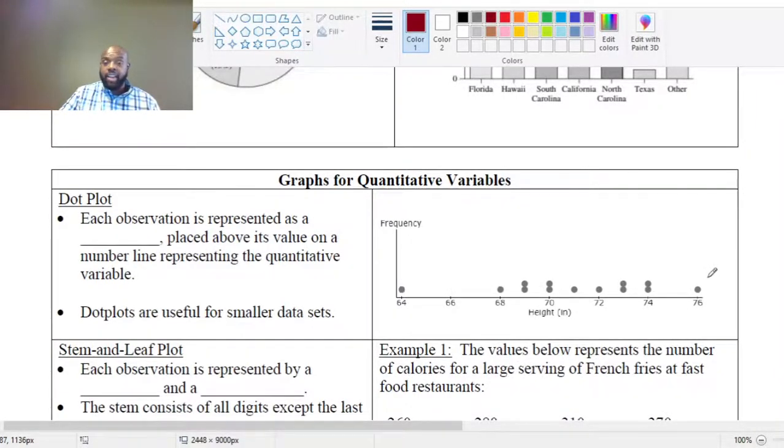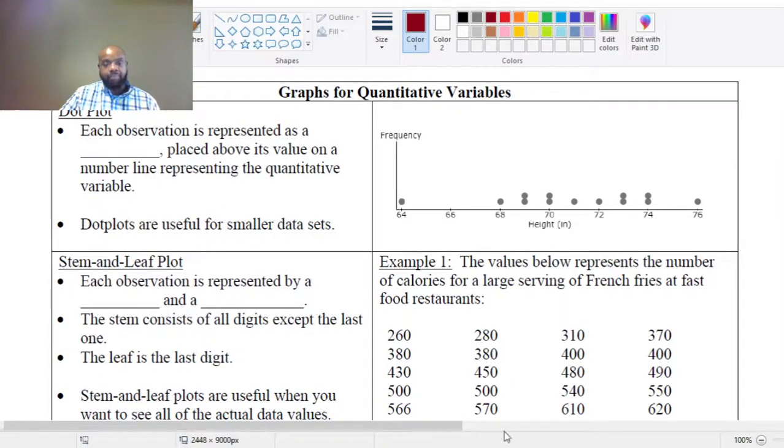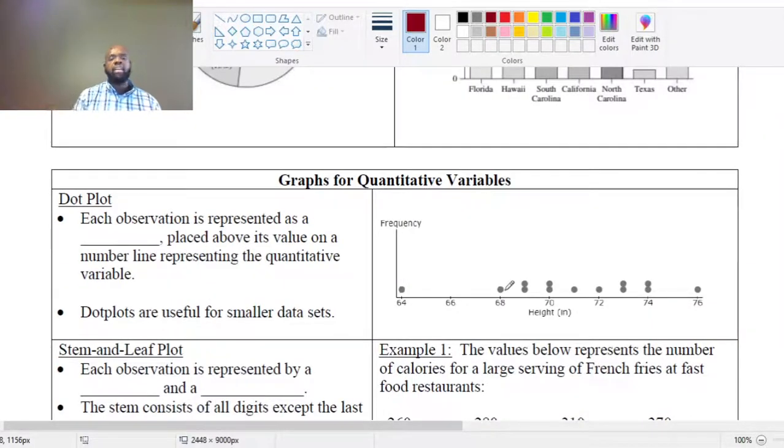For quantitative data, we have a dot plot. In a dot plot, each observation is represented by a dot that is placed above its value on a number line representing the quantitative variable. This is very useful for smaller data sets. It's good for discrete data, more so than continuous data, although you'll see that this variable here is height, which is a continuous variable.